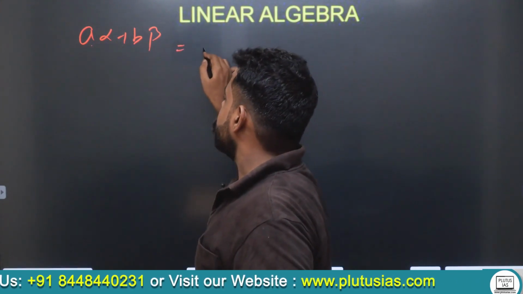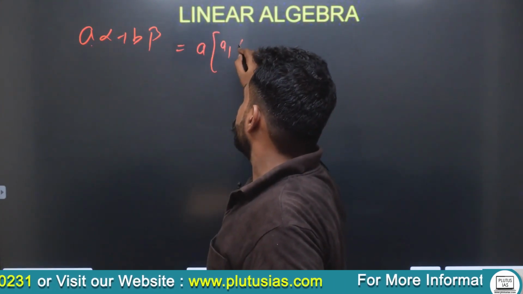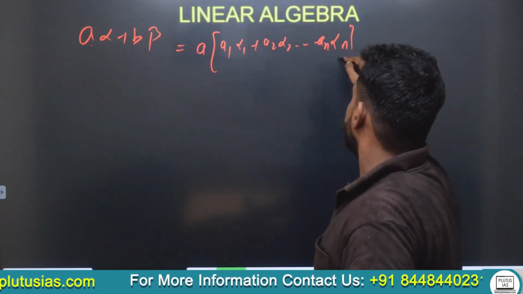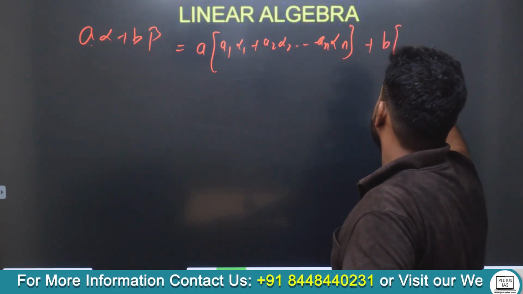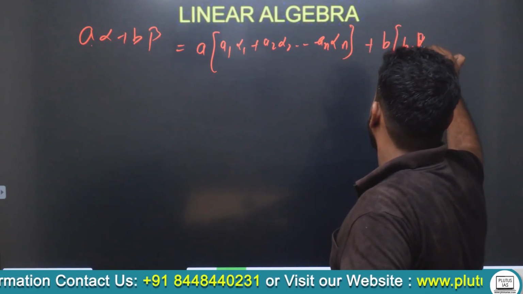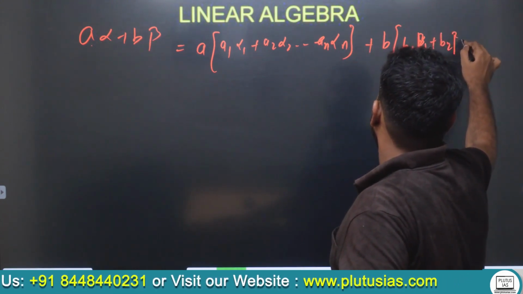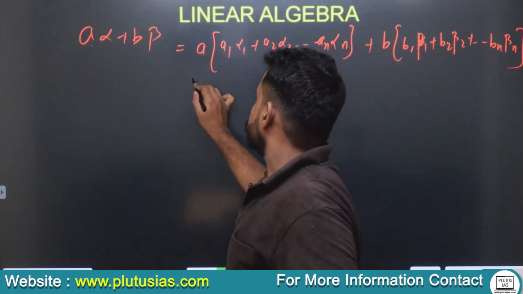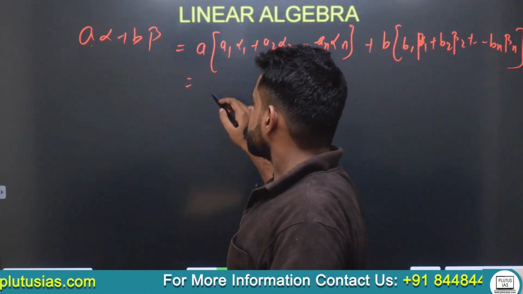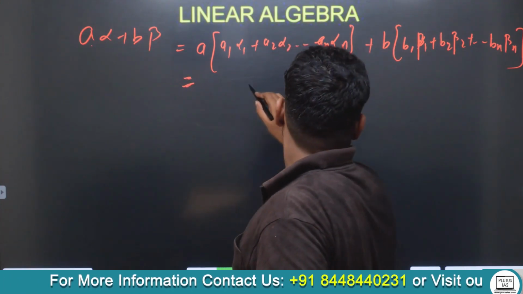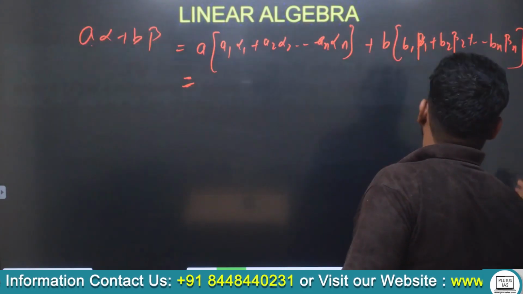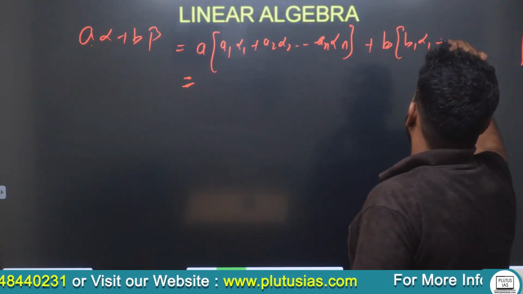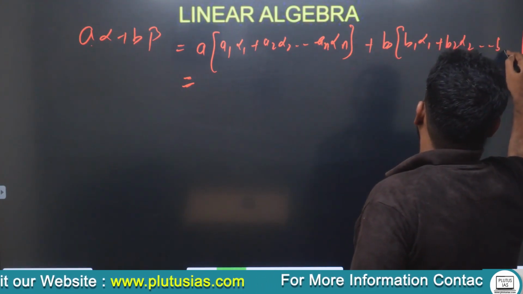Okay, so what would be a alpha? This would be a times a1 alpha 1 plus a2 alpha 2 dot dot dot an alpha n, plus b times b1 alpha 1 plus b2 alpha 2 dot dot dot bn alpha n.